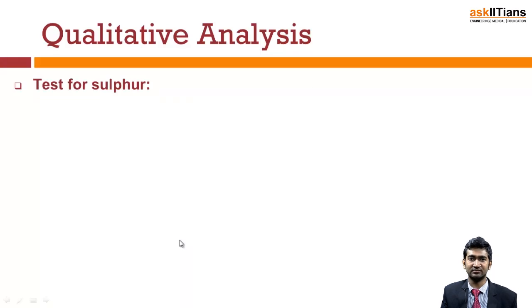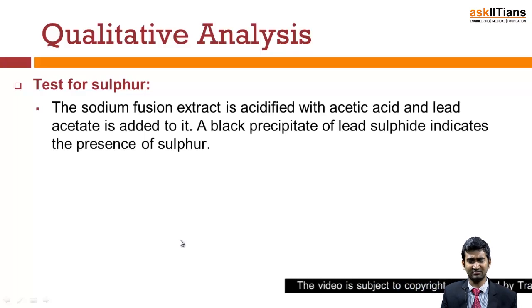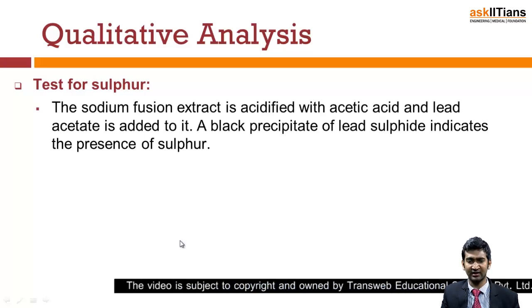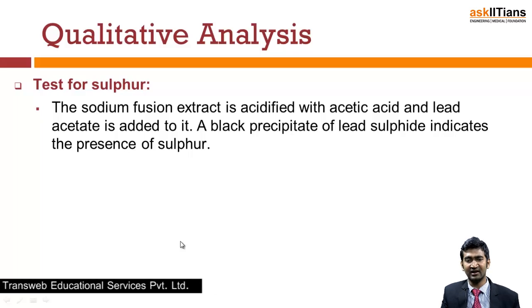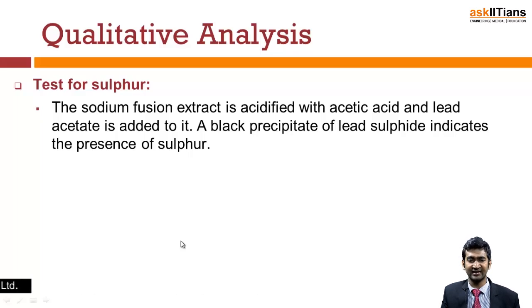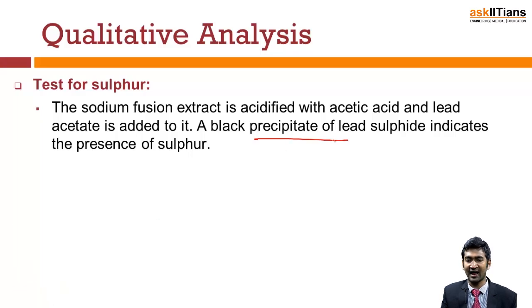Then the test for sulfur. Again, you make the sodium extract, and it is acidified with acetic acid and lead acetate. What happens? A black precipitate forms, and that indicates the presence of sulfur.